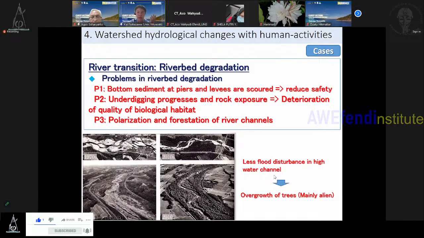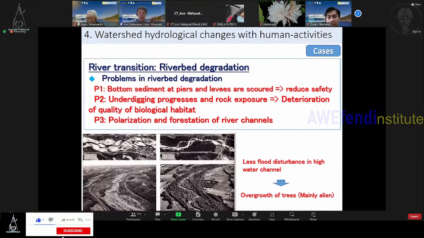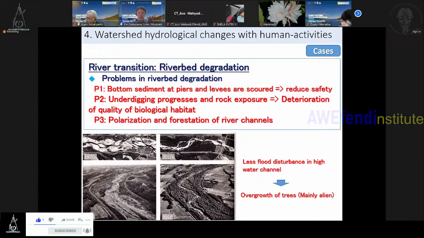If the riverbed degraded, the altitude difference between the river course and the terrace gets higher. So what happened? The flood disturbance of the higher terrace decreases, then forest covers the higher terrace, and that fixes the river shape. Finally, the river course is fixed.